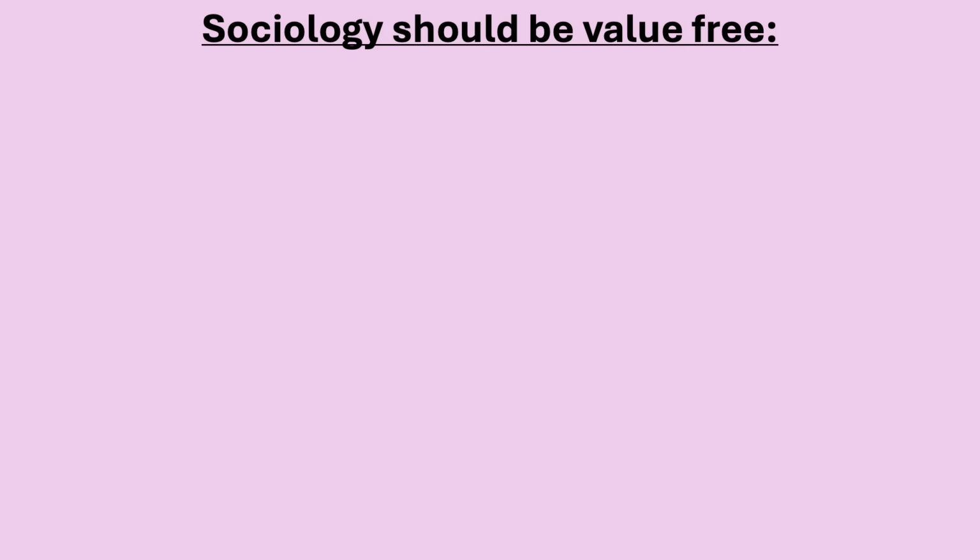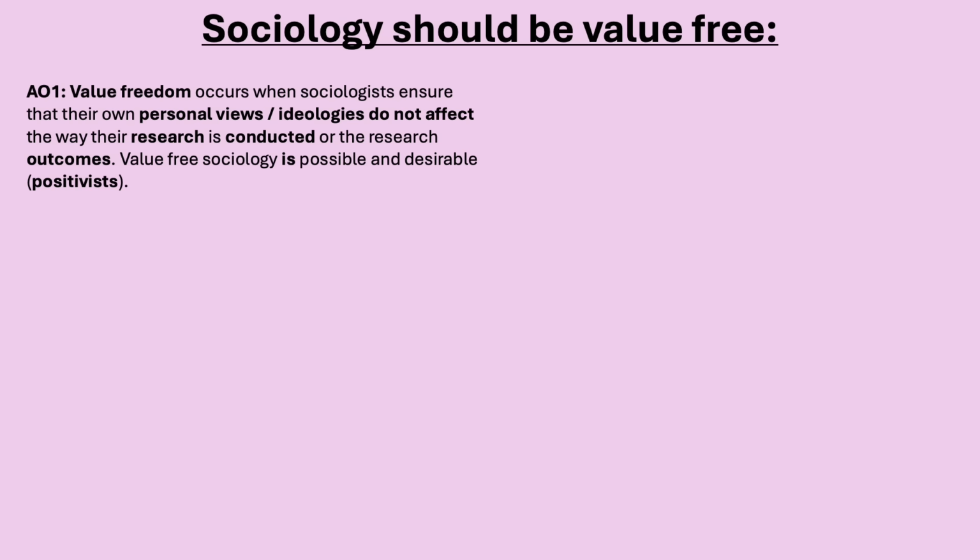Starting off with, sociology should be value-free. Value freedom occurs when sociologists ensure that their own personal views and ideologies do not affect the way their research is conducted or the research outcomes. Value-free sociology is possible and desirable, that is, for positivists.